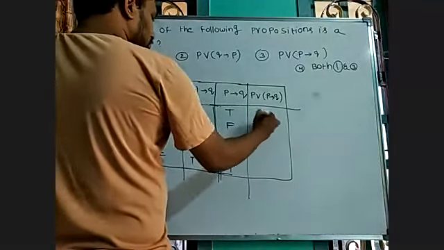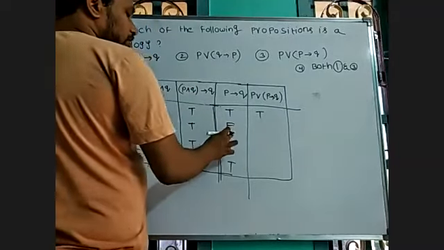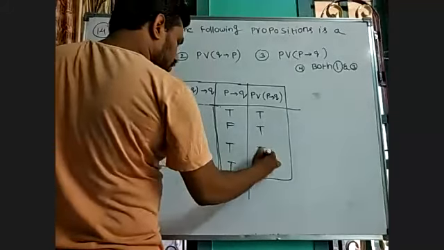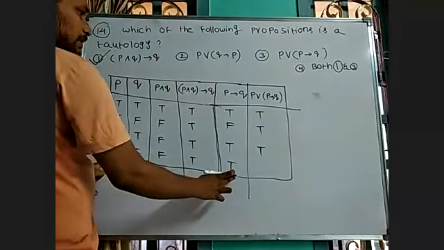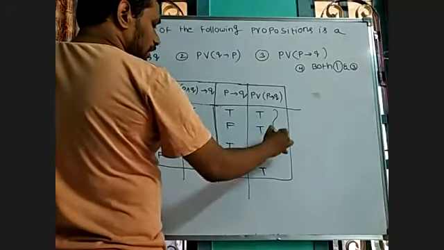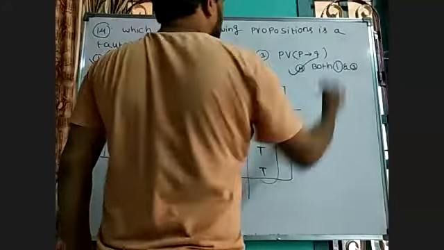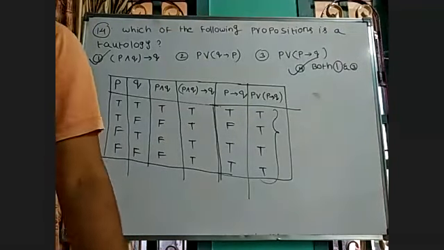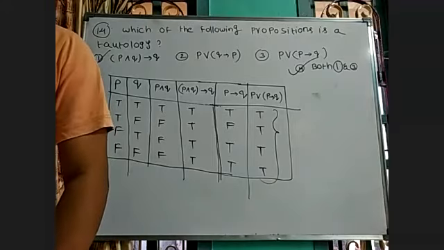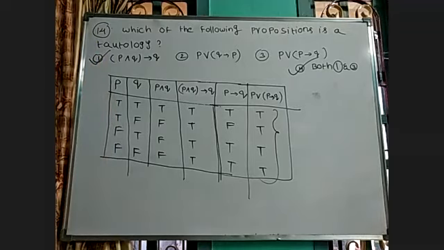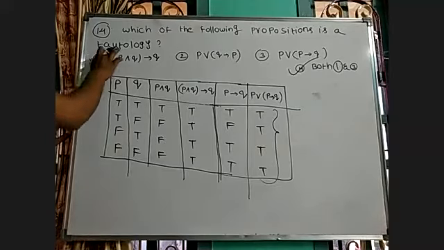What is the implication symbol value? Next step, true, false, this value is also true. Next false, true, this is also true. False, false, what is this value? True. This is also okay. In this also we are getting all true. That's why option 4, right? Option 4.